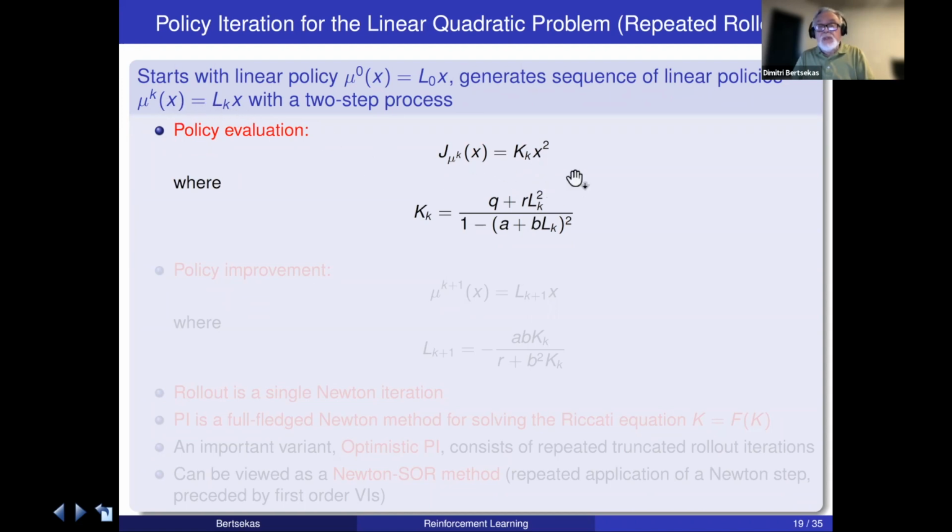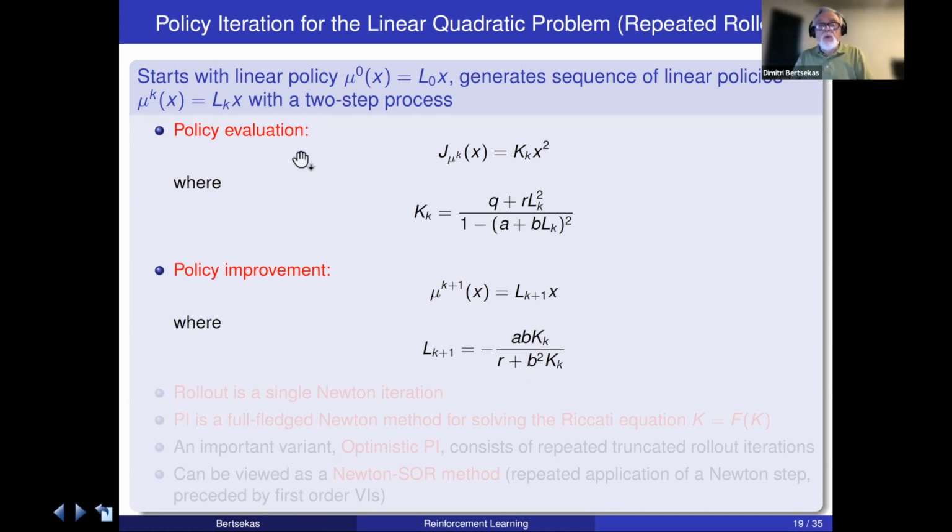So given this policy, we do a policy evaluation and compute Kk, and then we do a policy improvement where we obtain the new policy as a linear policy with a coefficient that can be calculated to be in this form.